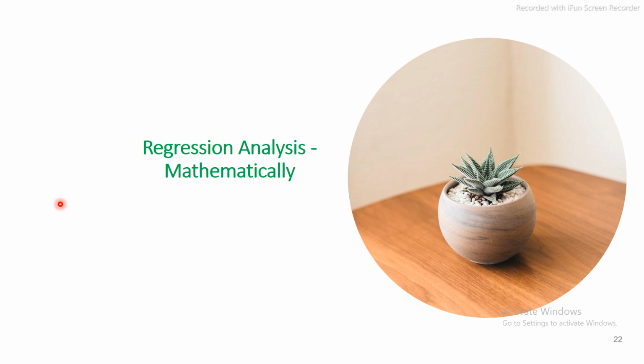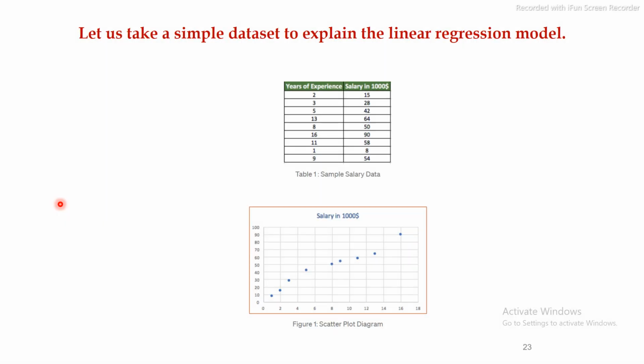Now mathematically, let's see how this regression works. For example, let's say someone has 2 years of experience and their salary is, let's say, 15,000. Similarly someone has 16 years of experience and they are getting, let's say, $90,000. So we have data points, like 2, 3, 5, 13, 9 years.